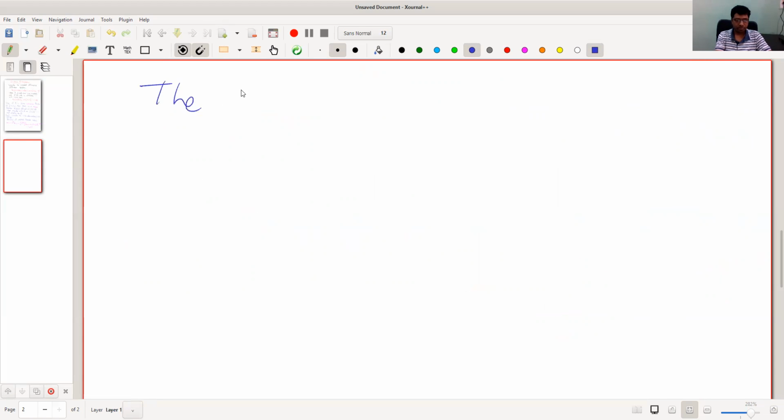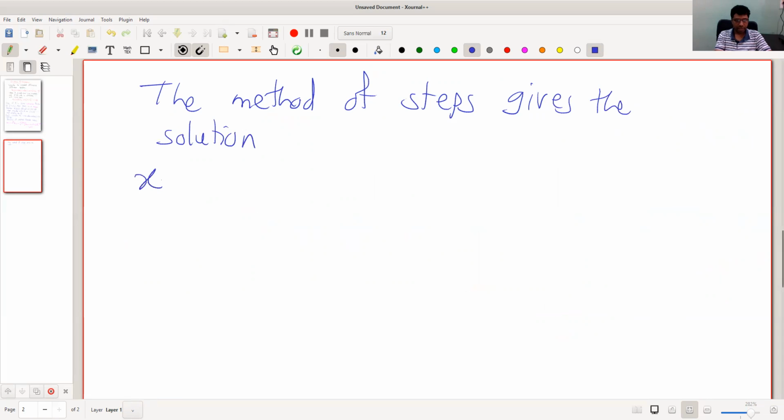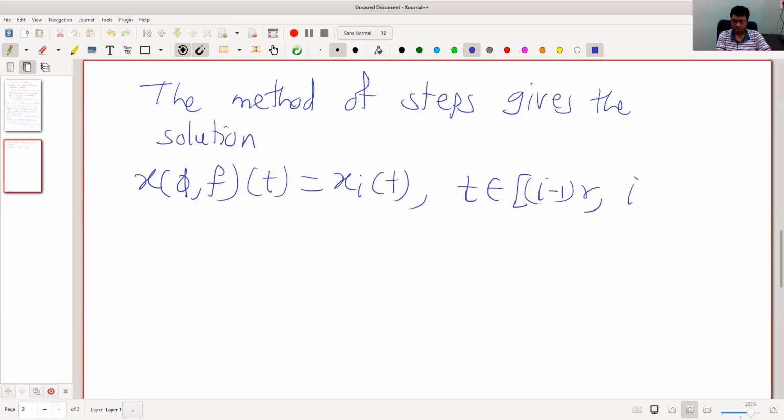The method of steps gives the solution x depending on phi and f, which is a function of t, equal to xi i of t for t in the interval (i minus 1) r to i r, i equal to 0, 1, 2, and so on. Okay, this we have seen yesterday.